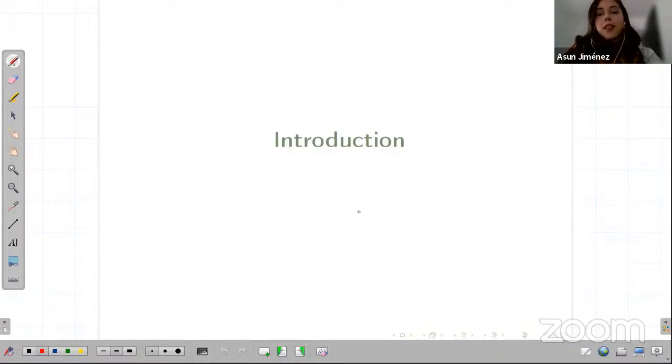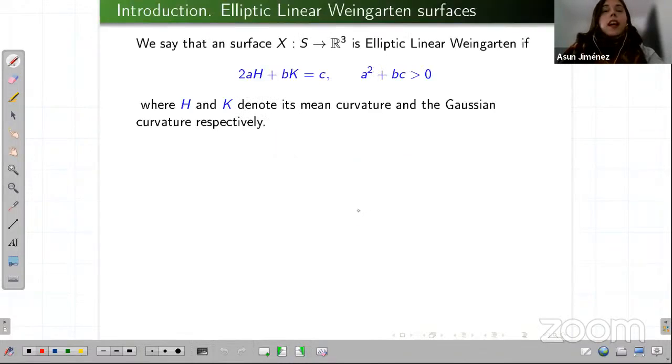So let me start with a brief introduction about the subject of this talk: elliptic linear Weingarten surfaces. These surfaces satisfy a linear relation between the Gaussian curvature K and the mean curvature H. The relation is said to be elliptic whenever a certain inequality between the constants A, B, and C is satisfied.